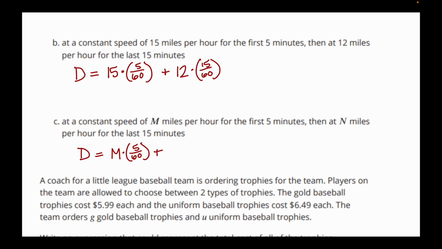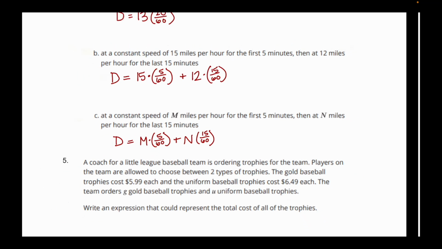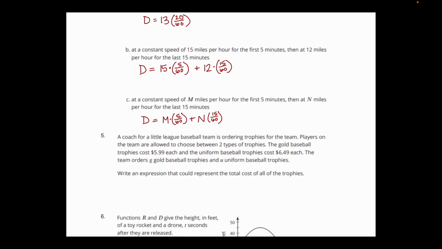And we are then adding n miles last 15 over 60. So almost exactly the same as the one before it, but instead of knowing how fast, we now are just going to put a variable there because we're not sure how fast she's going to be going. Okay.